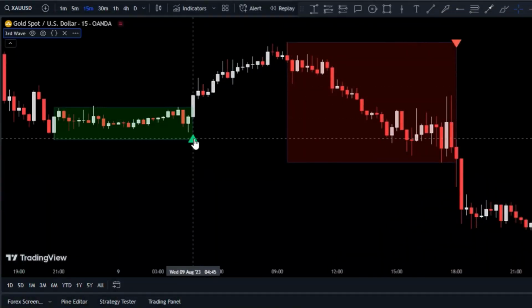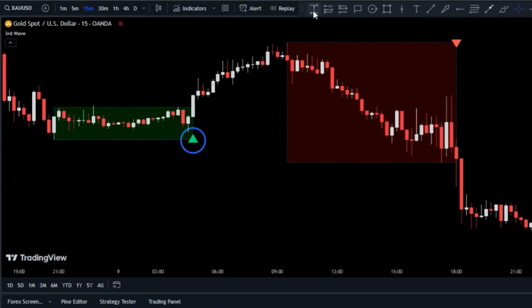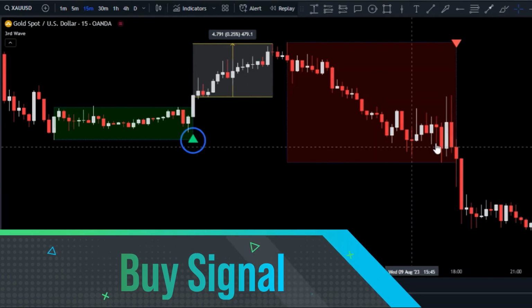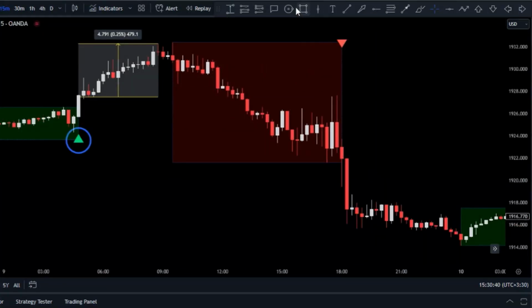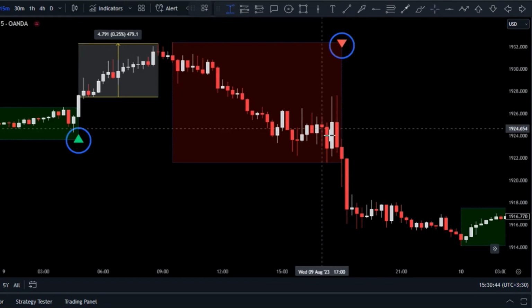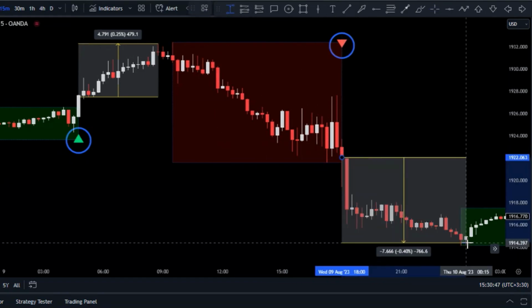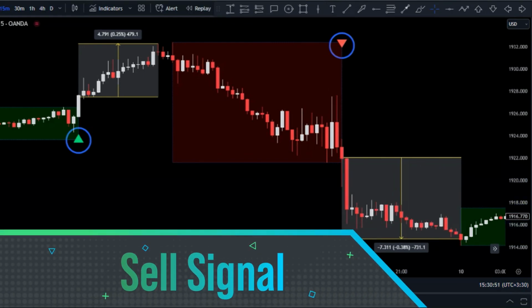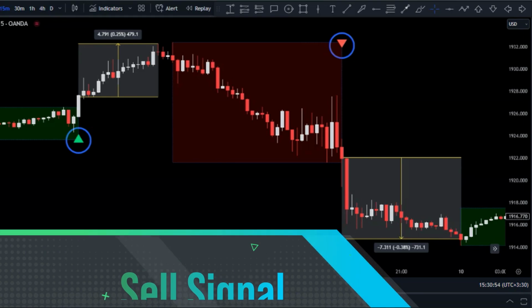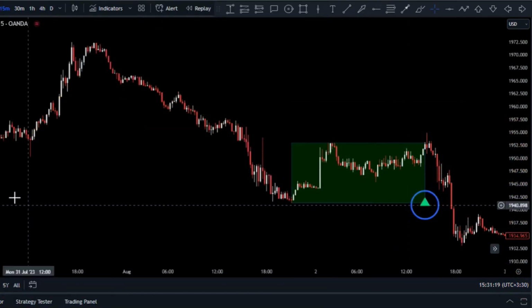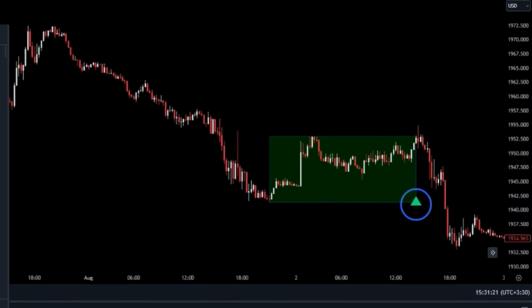Now you can enter trades using the buy and sell signals generated by this indicator. But hold on, it's advisable to always incorporate two filters in any strategy.